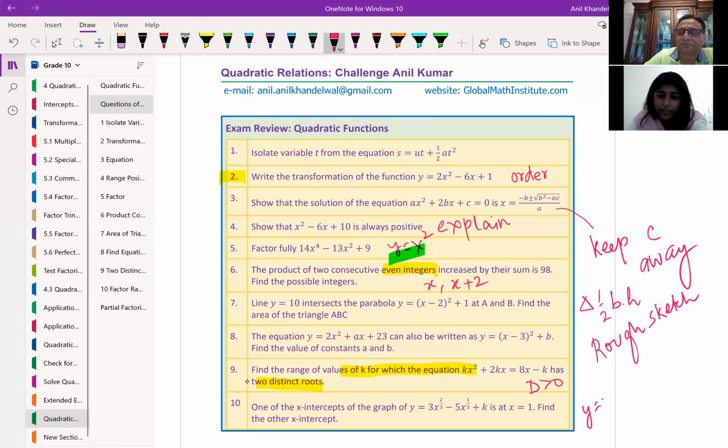But before you do that, we have been given additional information saying x equals 1, and we know that's the intercept, so 1, 0 is a point they've given us. Just sub that in, find k, and then do the rest of the things that you said. That was perfect. So you got it all.